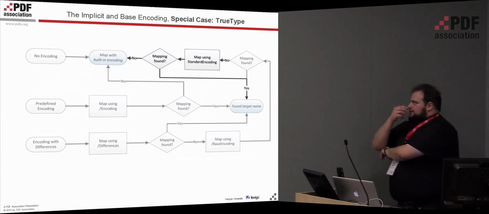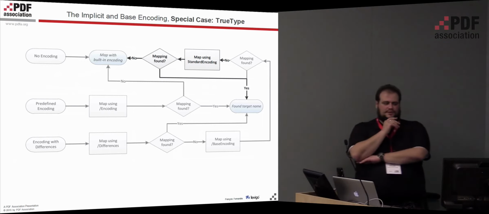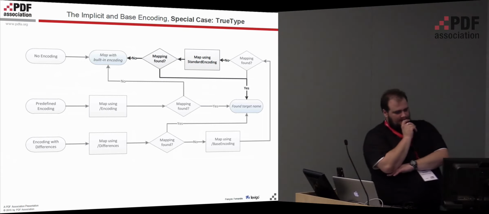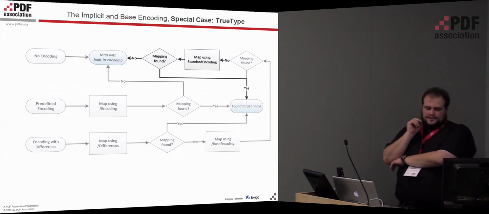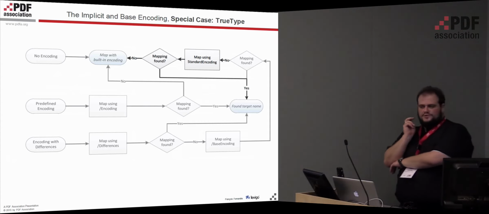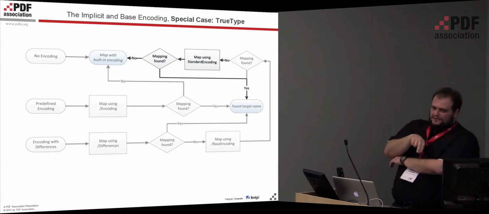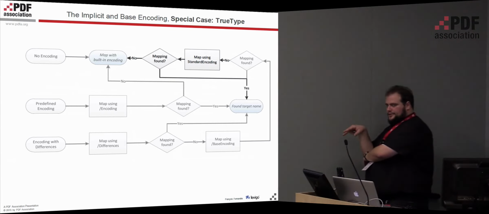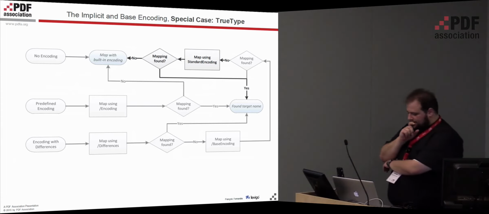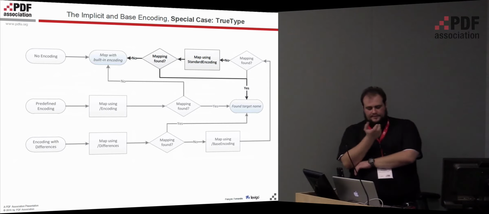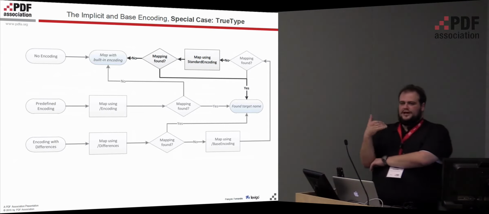So we have a little special case here. TrueType is always special throughout the whole PDF specification. If we do not have a valid mapping, we have to use the so-called standard encoding. It is yet another encoding which might not be referenced within the dictionary of a font, but is known to the PDF specification, and of course to a PDF reader. And if a mapping has been found, we actually have a target name.